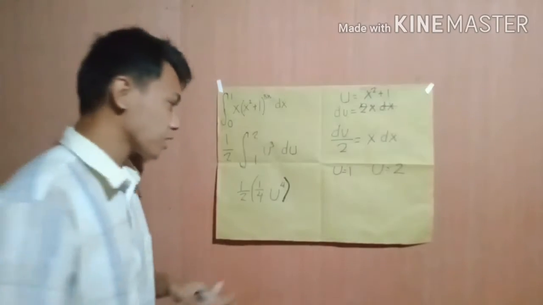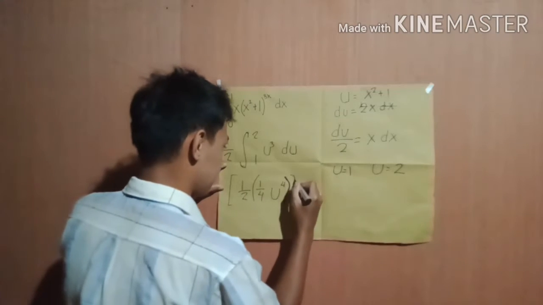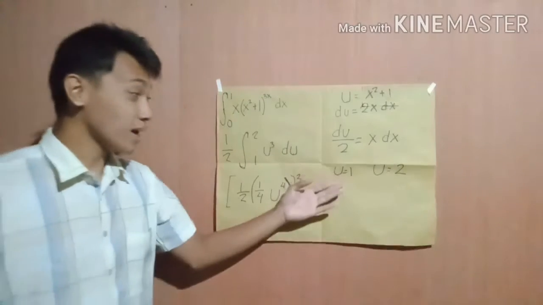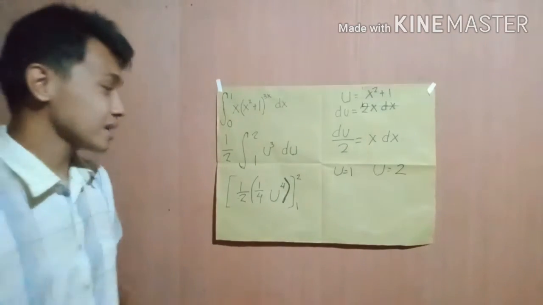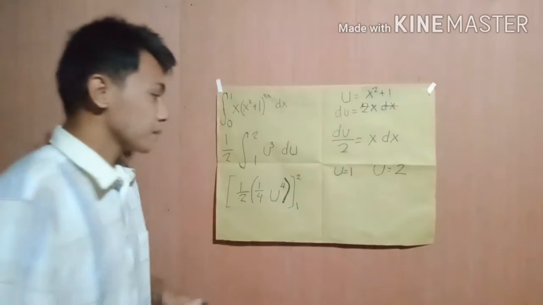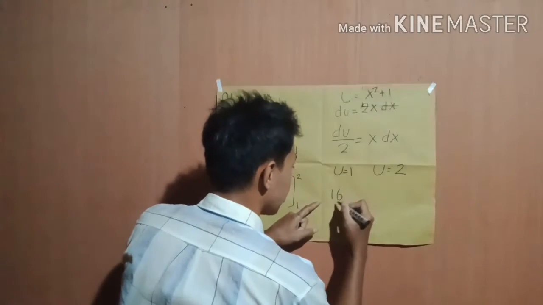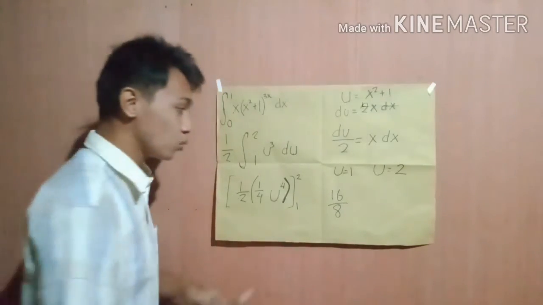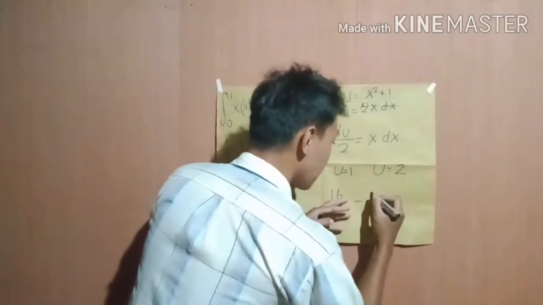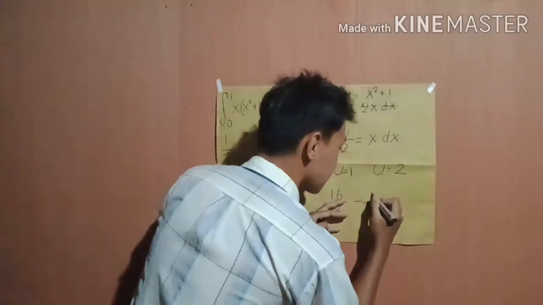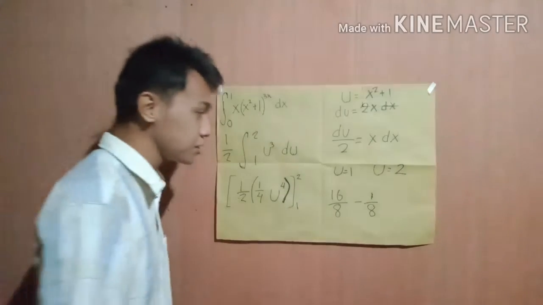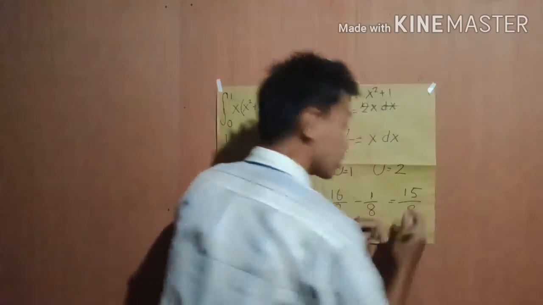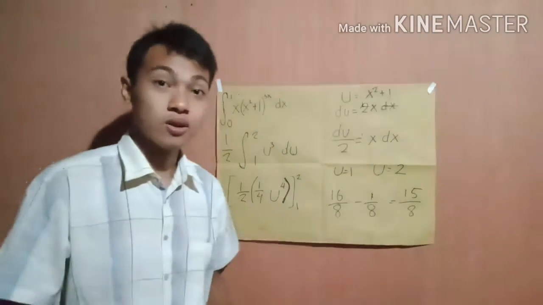Okay, so this is from the upper and the lower limit. This will become 1/8 here. So plugging in 2 to the 4 is 16 over 8, minus plugging in 1, so it becomes 1 over 8. So the final answer of this problem is 15 over 8.